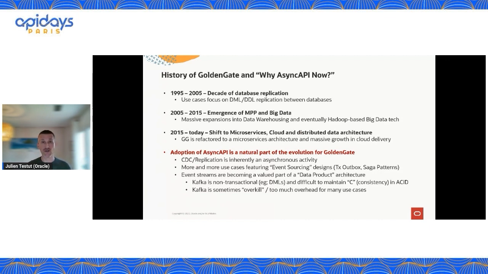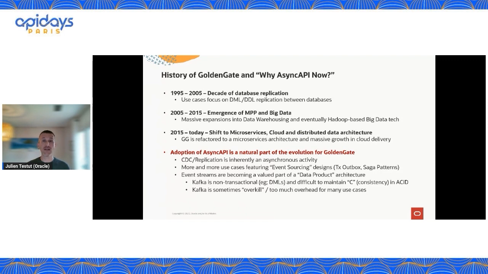So we see our customers interested in grabbing the latest change data from databases and also non-databases that we support on the GoldenGate side, and then wanting to replicate or distribute that change data to downstream systems.